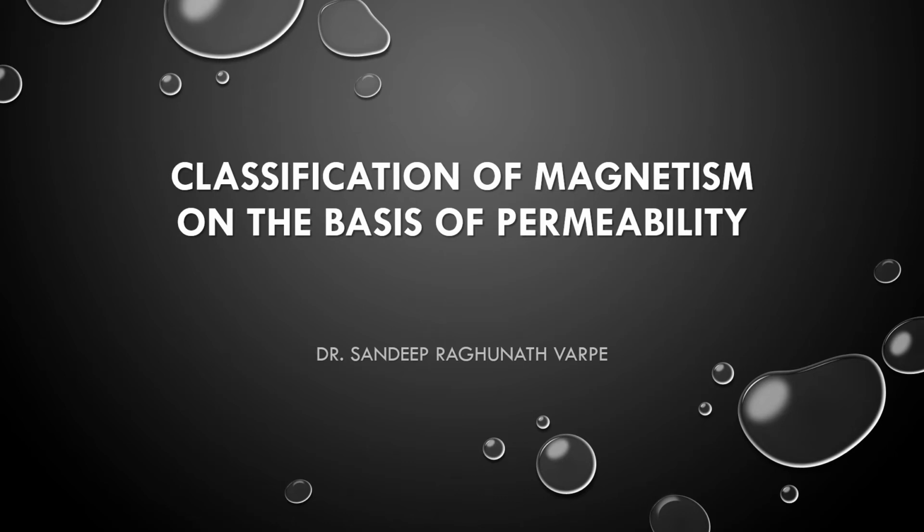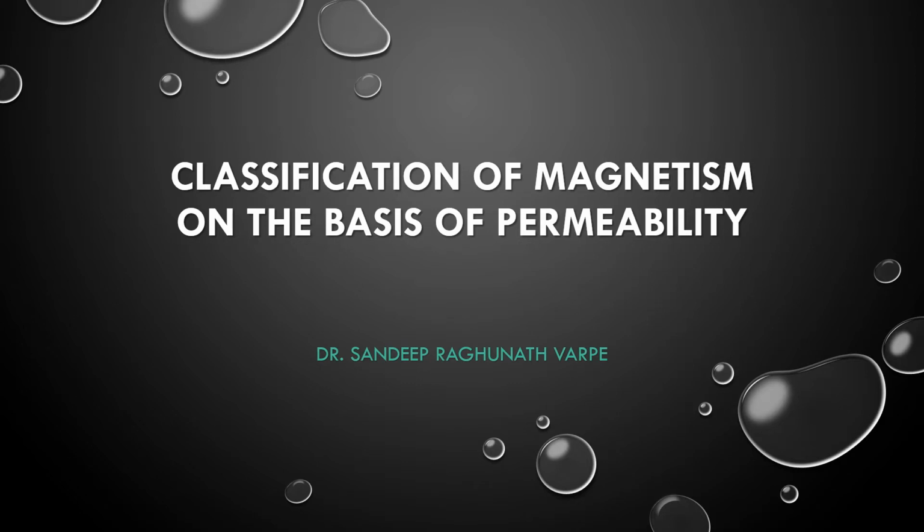Hi, dear friends. Today we'll see classification of magnetism on the basis of permeability. Already we know there are three main types of magnetic material: diamagnetic, paramagnetic, and ferromagnetic.